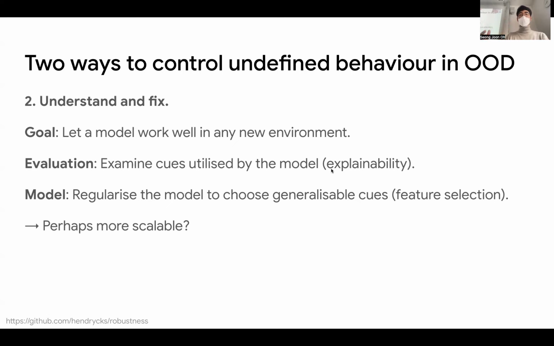So if you understand that the model is not utilizing the right kind of cue for making the recognition, then we have a way to control this, right? We can later on regularize the model to choose the cues that are generalizable. And I tend to believe that the second way of doing this is perhaps more scalable than the first way of doing that, right? Infinite number of unit tests are probably not going to solve all the problems.